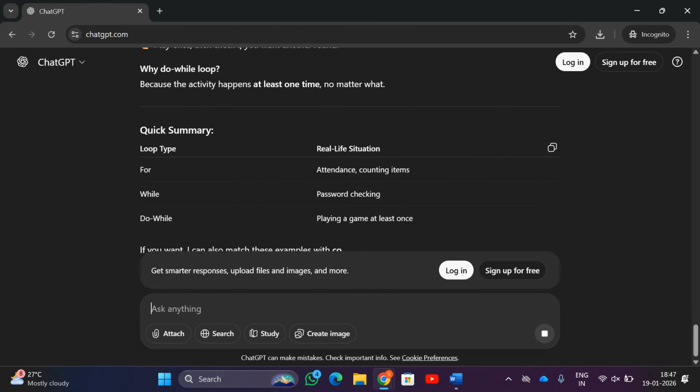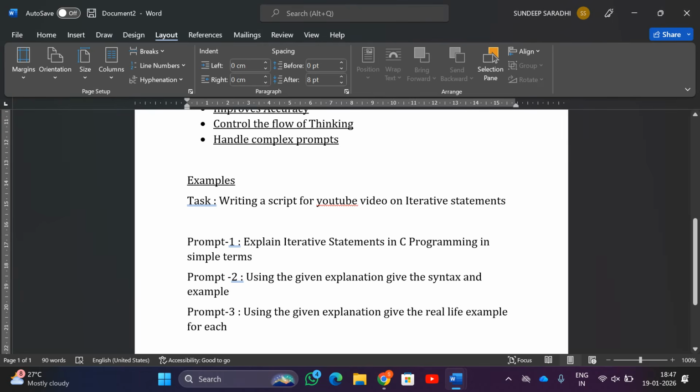After that, prompt 4, which will take the input from the output of prompt 3.